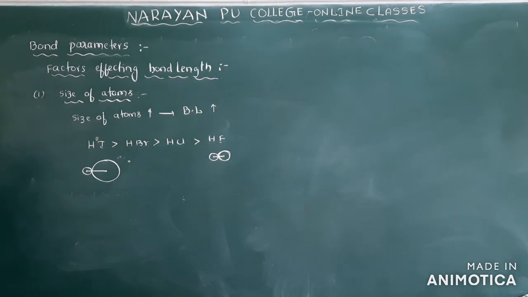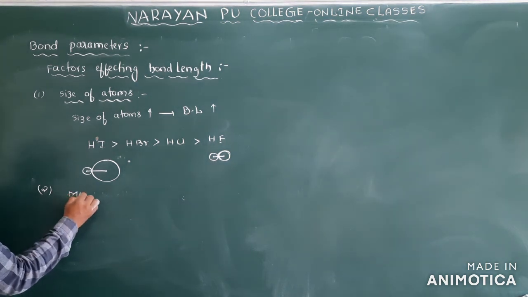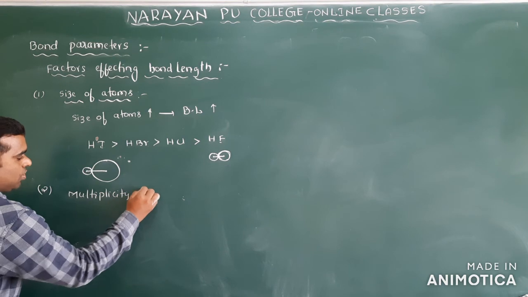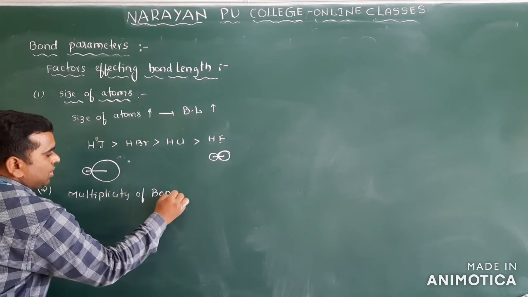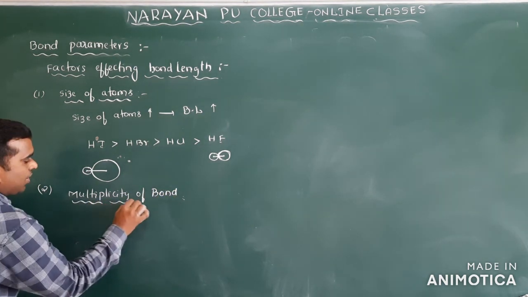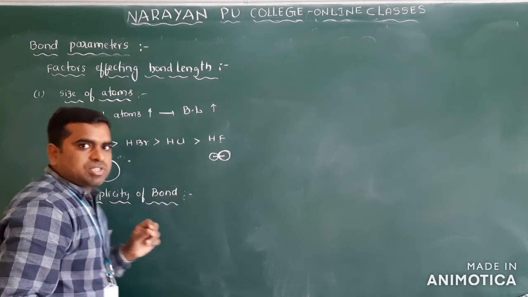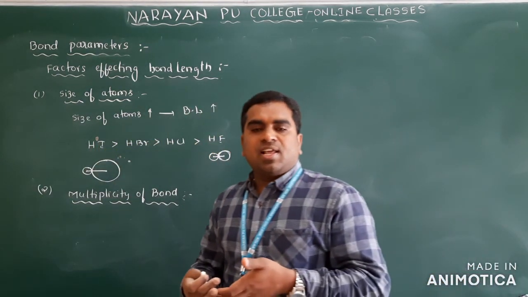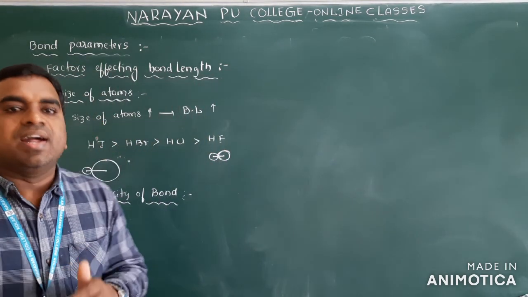In the same way, the second one is multiplicity of bond. Clear? Multiplicity means the number of bonds. When the number of bonds increases, automatically bond length decreases.